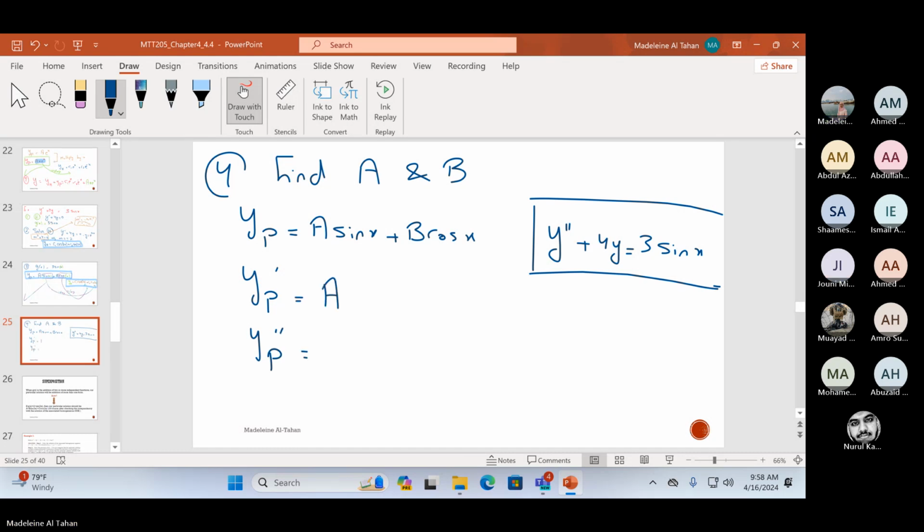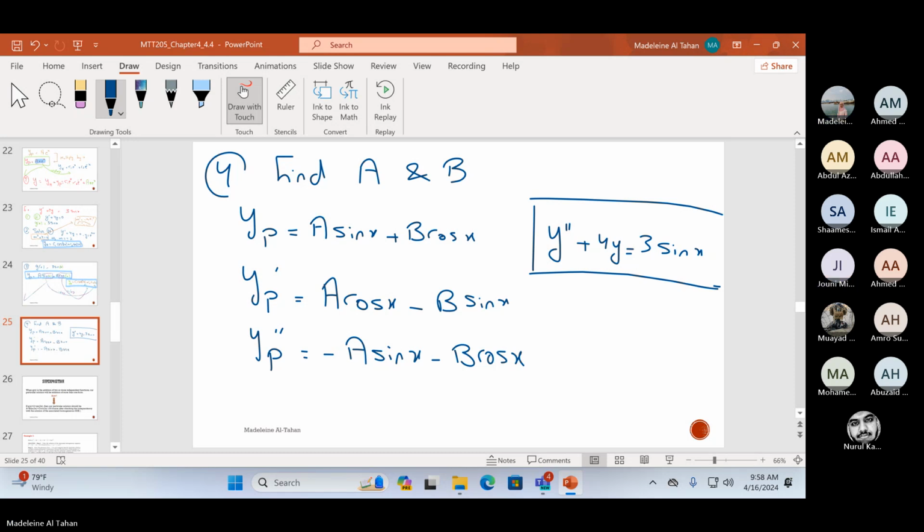What's yp prime? A cosine x minus B sine x. Sine becomes cosine, and cosine becomes negative sine, right? And yp double prime is negative A sine x minus B cosine x. Do we agree? Yes.